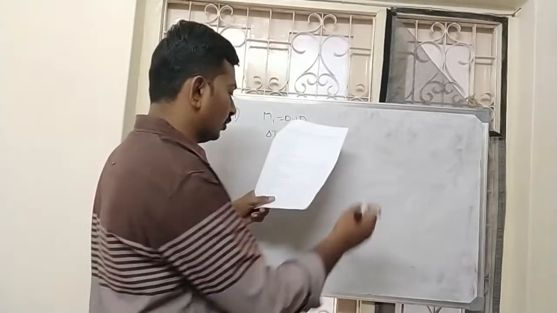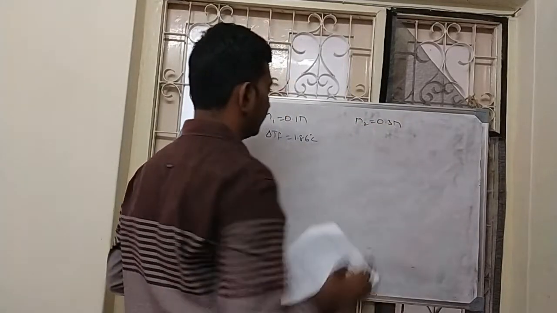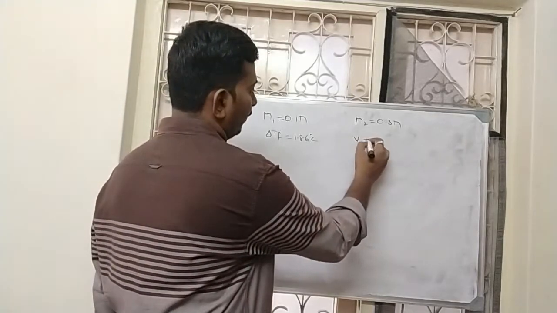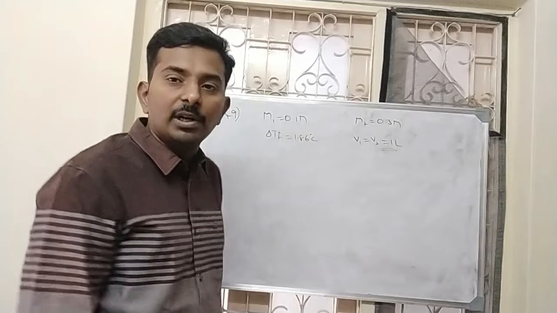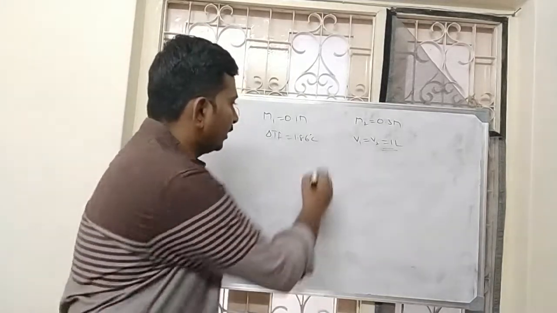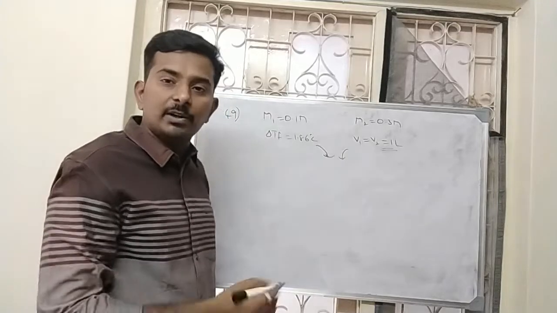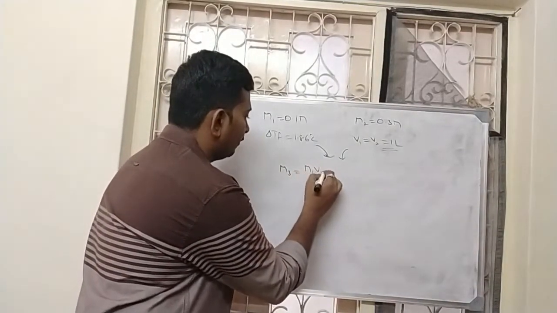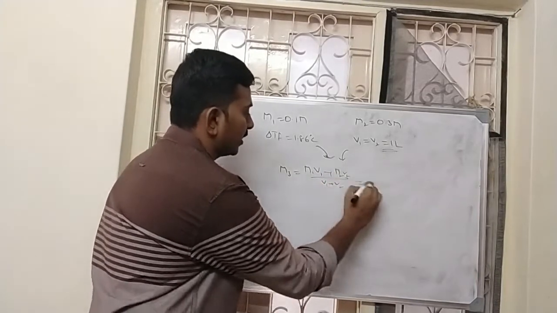The other solution has a concentration of 0.3 molar. The volumes are the same for the first and second solution. Let us take it as 1 liter. Now I am mixing these two, so I will calculate the concentration on mixing. M3 is equal to M1V1 plus M2V2 by V1 plus V2.